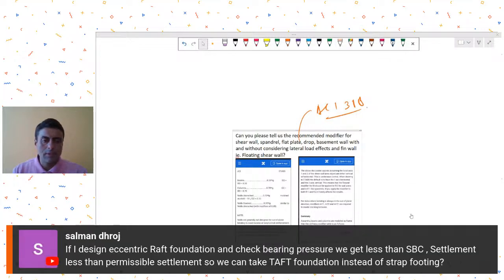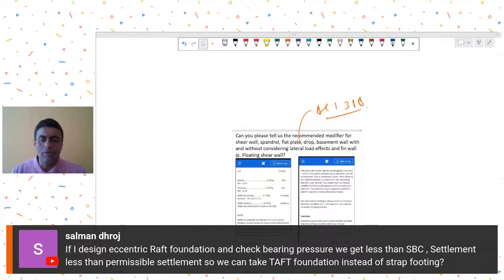Okay, Mr. Salman Roj is adding to his question. If I design eccentric raft foundation and check bearing pressure, we get less than SBC. Settlement less than permissible settlement. But you did not address my crucial point. Is there any uplift in your footing or not? Check that. Usually the maximum pressure will be less than SBC. That's not a problem. Usually that will be satisfied. But you check whether there is any uplift.